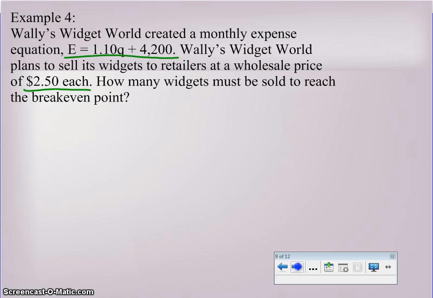So first thing that we have to recognize is that my revenue function is 2.50 times Q. The revenue is what I'm going to make selling each of them at $2.50 a piece times however many I'm selling.